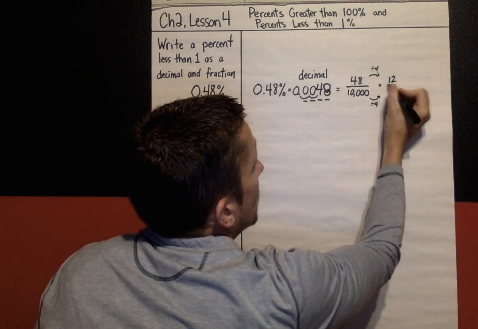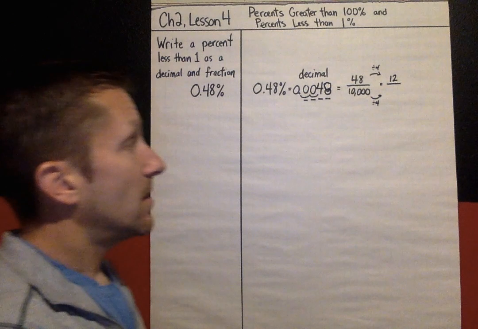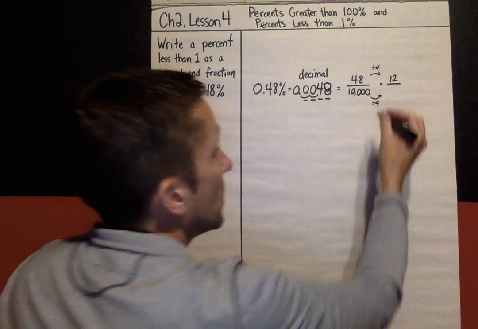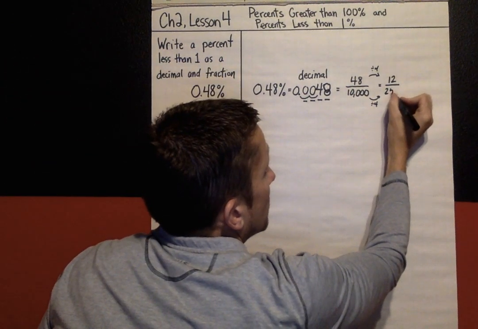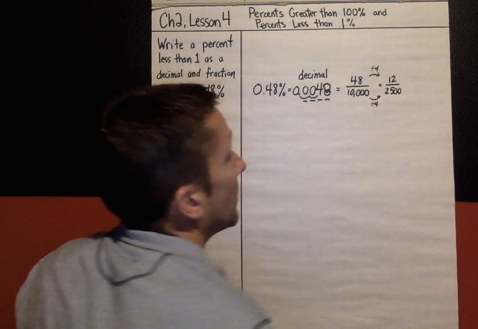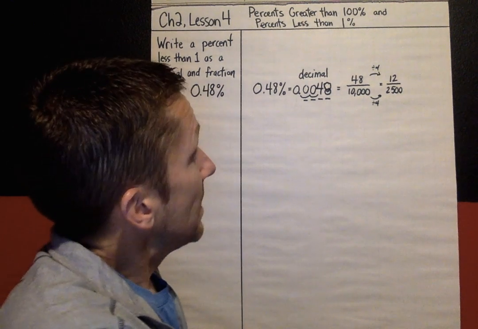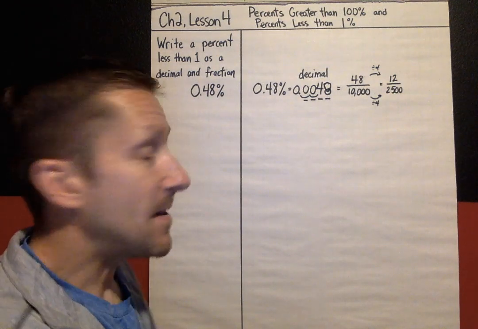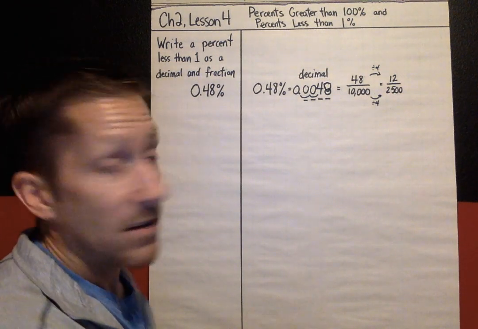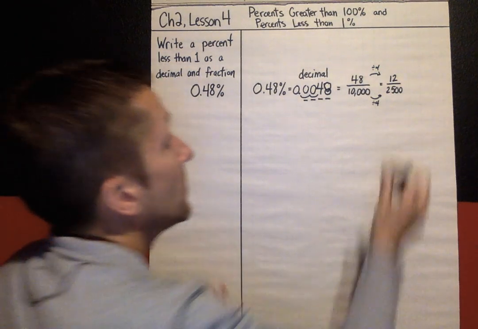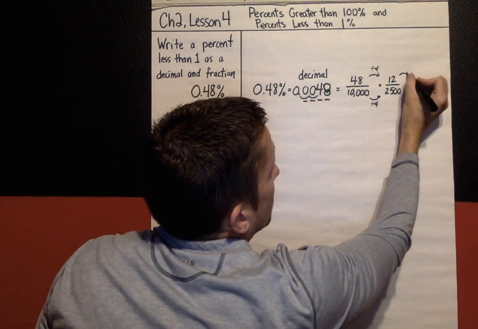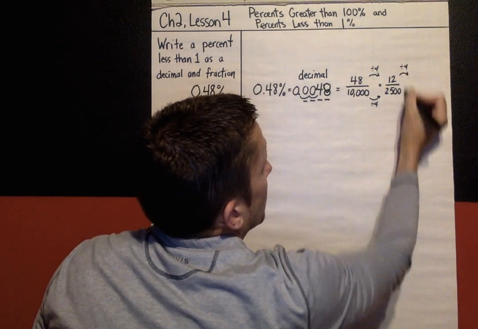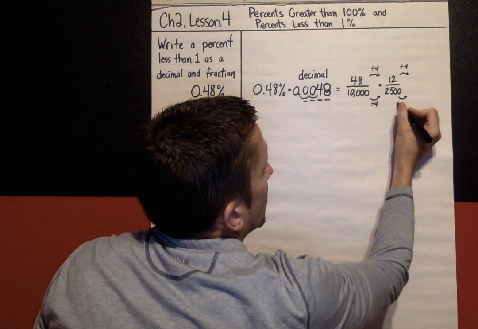I'm going to get 12 over 10,000 divided by 4 is 2,500. And I see that both of these also could be divided by 4. Again, I could have divided by 2, but I'm going to divide by 4 just to make it a little less work.